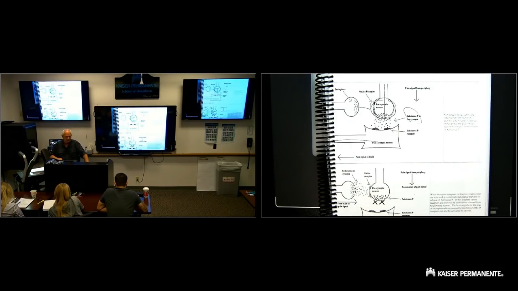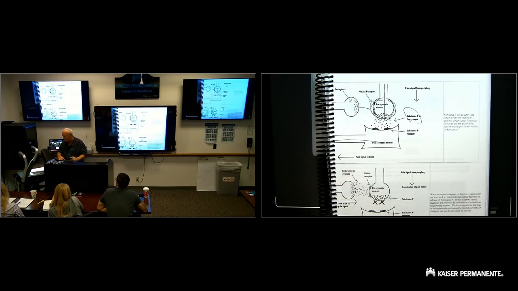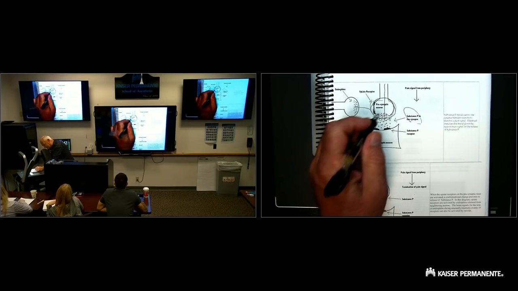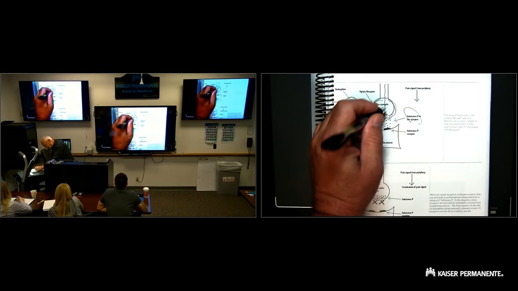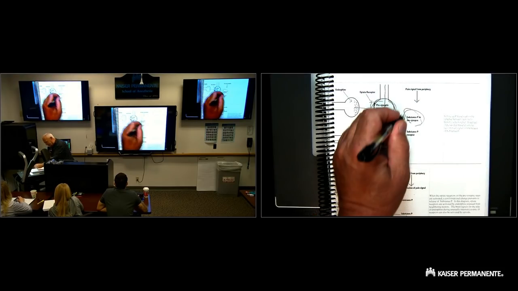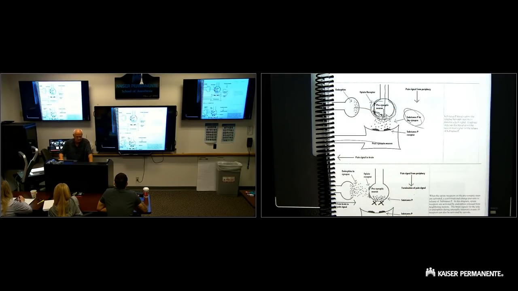And when you release endorphins or enkephalins or dynorphins, and they stimulate these opiate receptors, then that decreases the amount of the pain chemical that gets released, and it causes analgesia. So the same strength pain signal releases less pain chemical, so therefore you have less pain. Does that make sense?